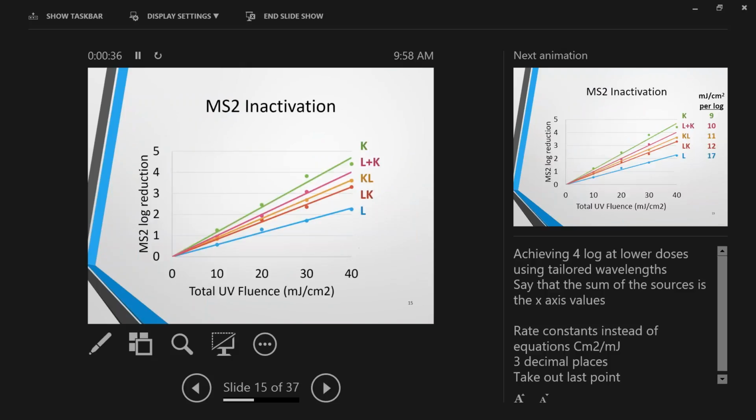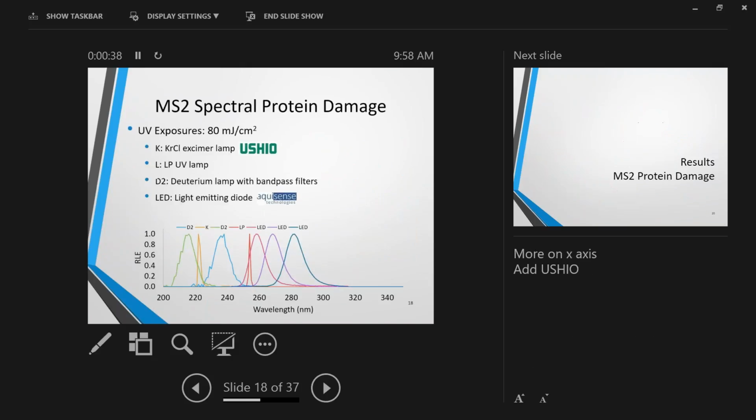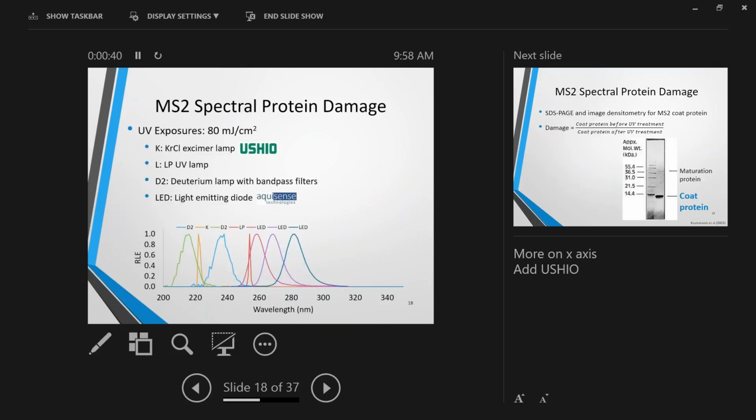For the polychromatic sources that I use for the protein experiments, we calculated it the same way. And then for the sequential exposures, to achieve a dose of 40, I used a dose of 20 for each exposure to get a total dose of 40. Does that answer the question?